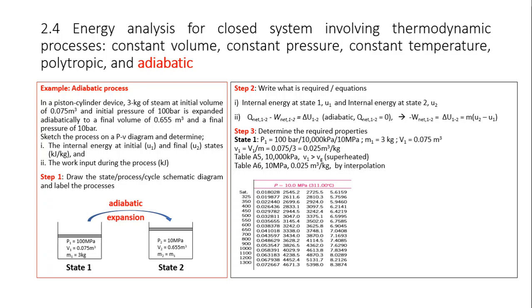And when the phase is in the superheated region, we have to look at table A6, and at 10 megapascal, we locate where the value for specific volume is, and we can see that it's between these two values, this range of values.